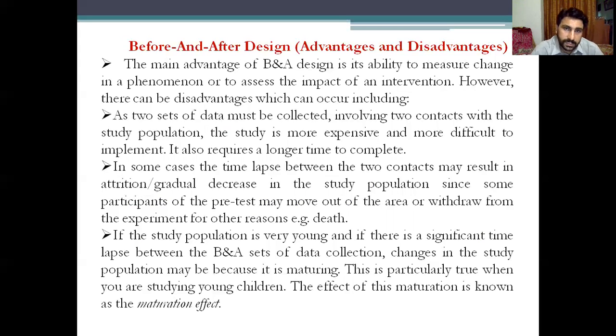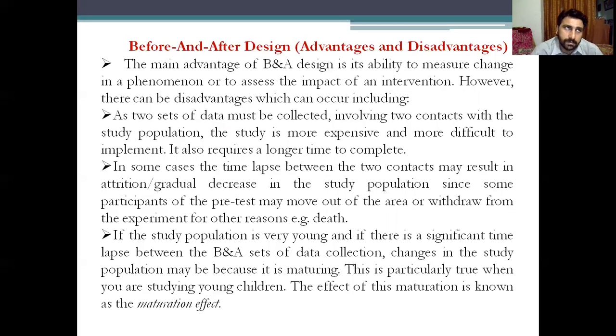So the study requires longer time to complete, and it requires additional biostatistical tools, let's say for biomedical sciences, to complete as well. In some cases, the time lapse between the two contacts may result in attrition, or gradual decrease in the study population.